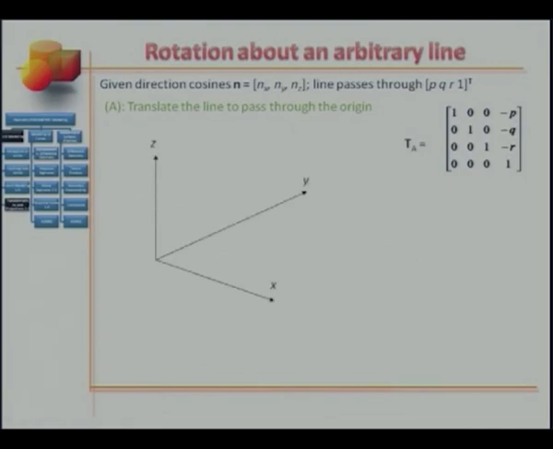So that brings us to the case where we have translated this line that is represented by OU, so that one end of this line is sitting on the origin of a three-dimensional coordinate system.